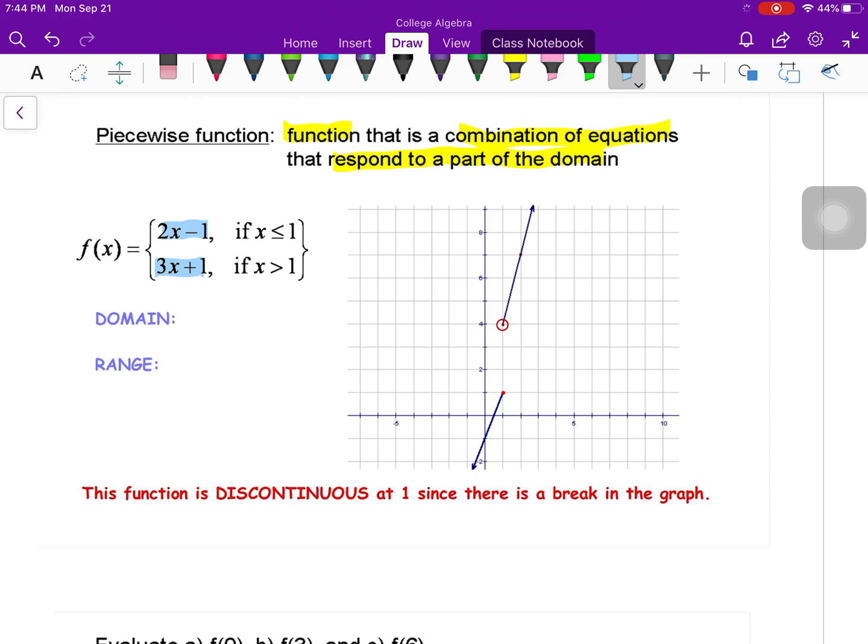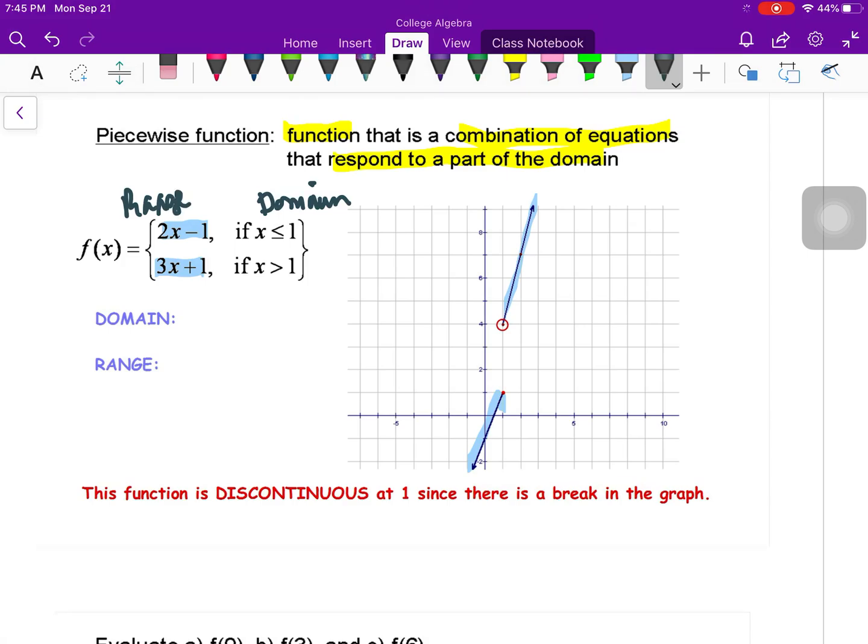If we look at the graphical form, we also see there are two pieces, thus a piecewise. Now, on any piecewise, at the back is always your domain. At the front will determine your equation or your range.